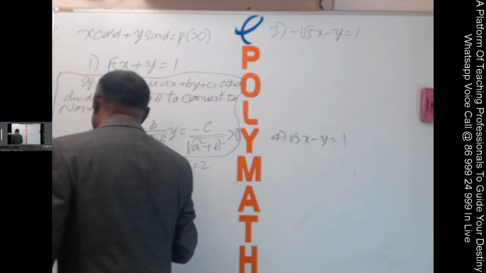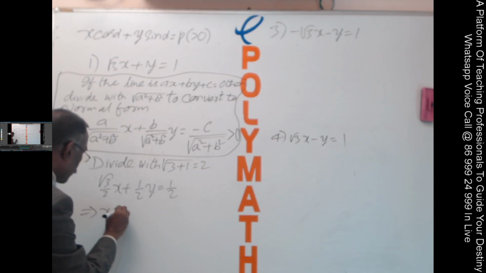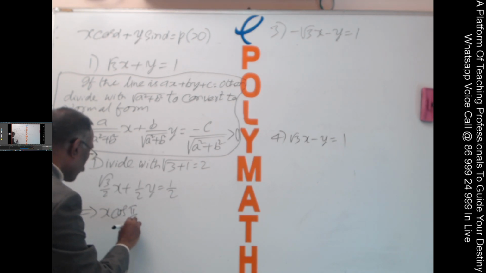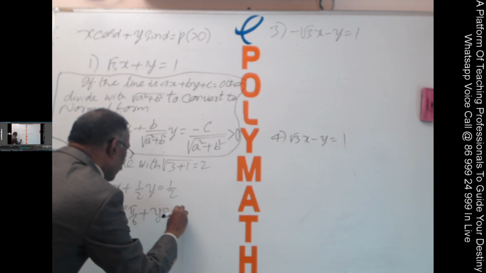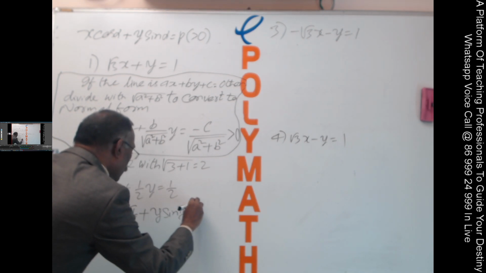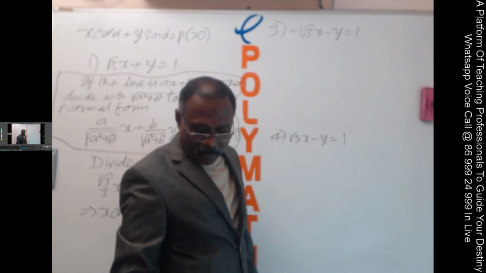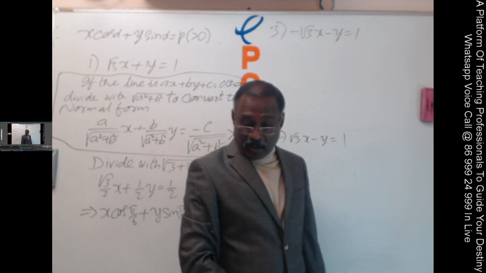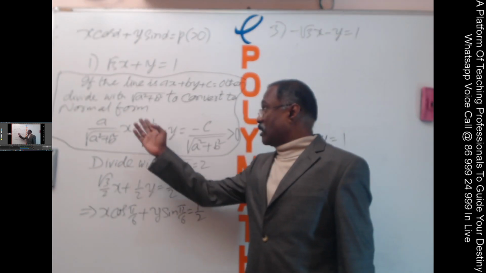Now express it as cos alpha, which is nothing but x cos pi by 6 plus y sine pi by 6 is equal to 1 by 2. This is the normal form of the line root 3x plus y is equal to 1.